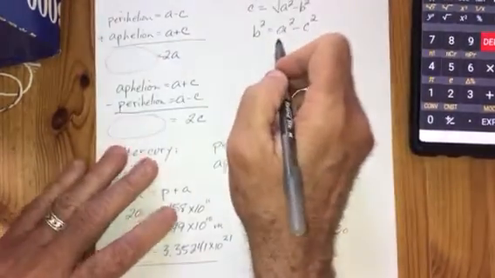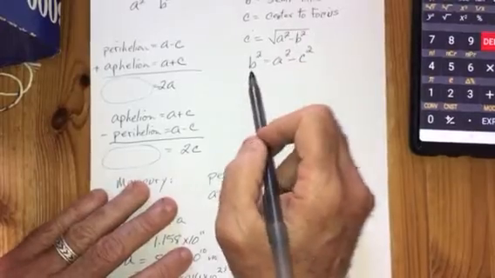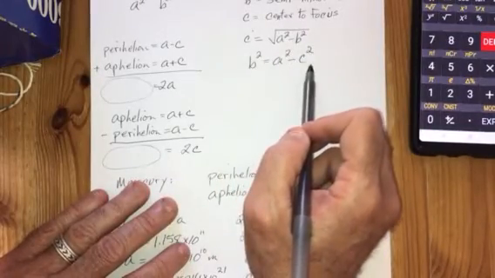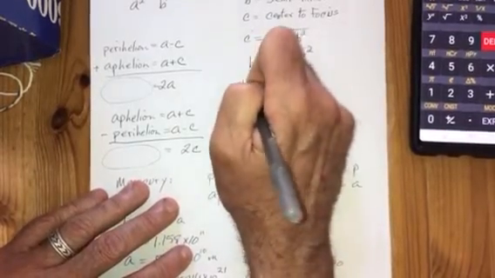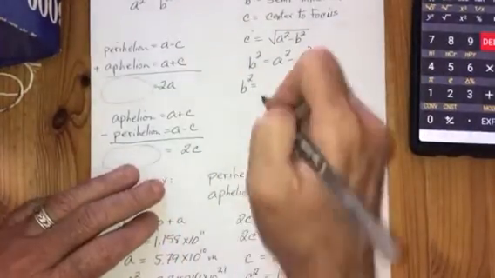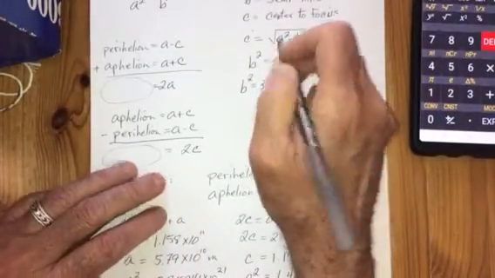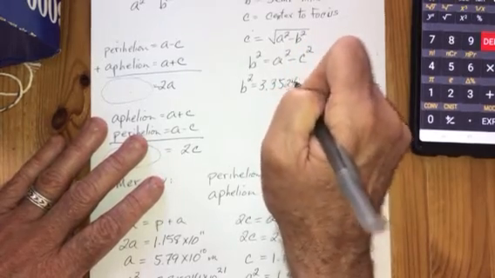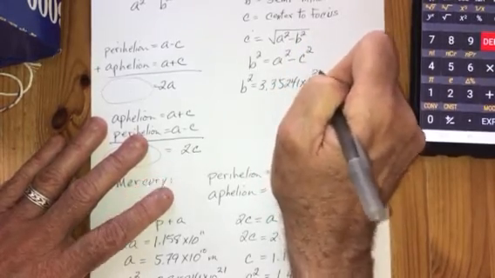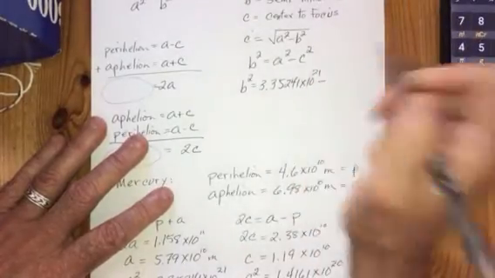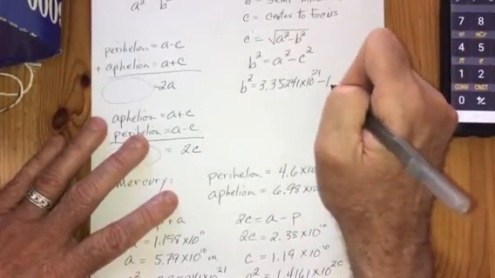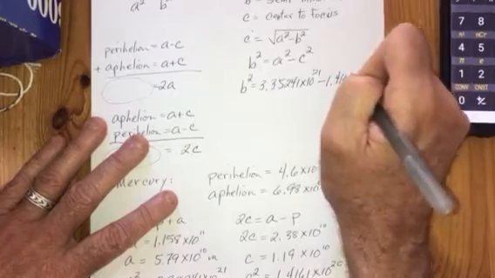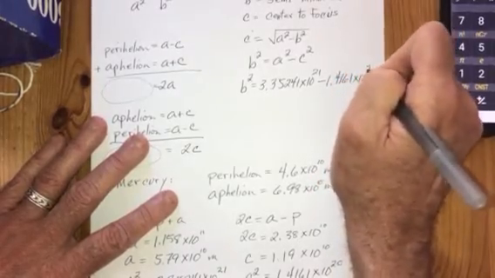So now we're going to go up here to where we have b squared equals a squared minus c squared, and we're going to write b squared equals a squared, which was 3.35241 times 10 to the 21st, minus, and we'll squeeze this in here, 1.4161 times 10 to the 20th.